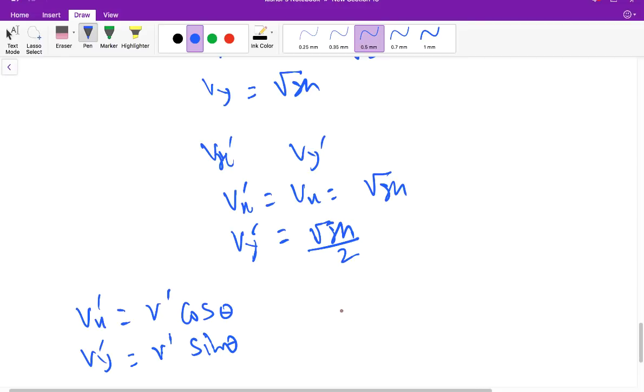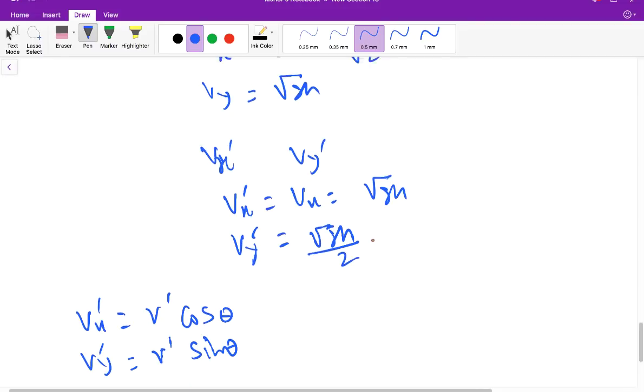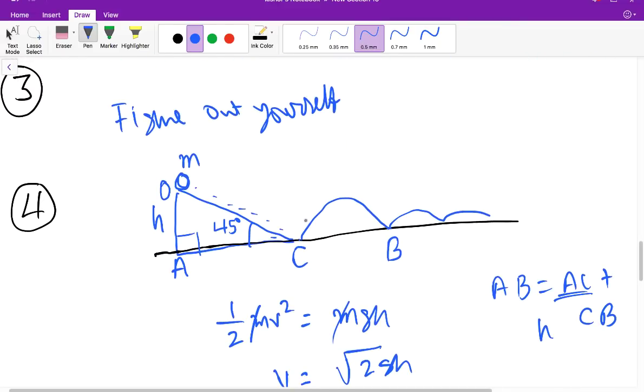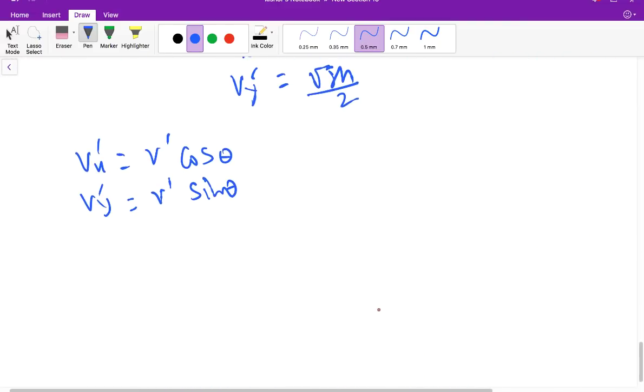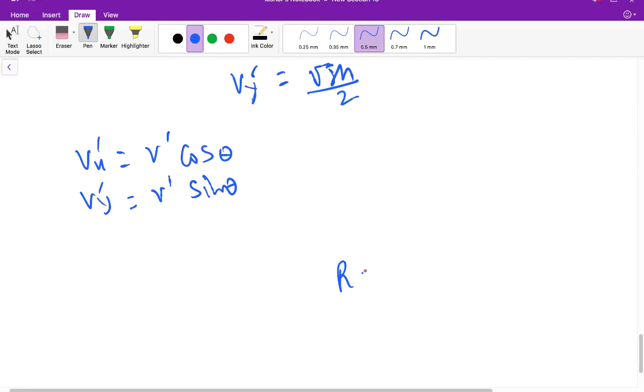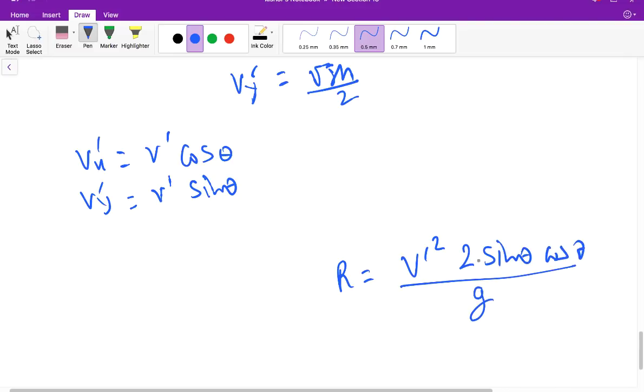Then the range that it should go, CB, should be equal to v prime square into 2 sin theta cos theta by g. This is the simple formula to calculate the range when the x component of the velocity is this and the y component of the speed is this.